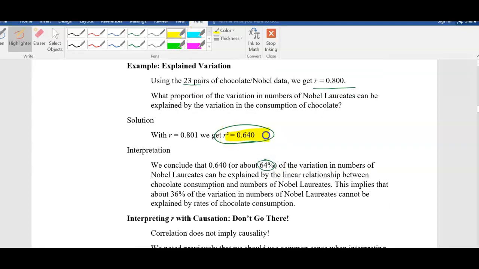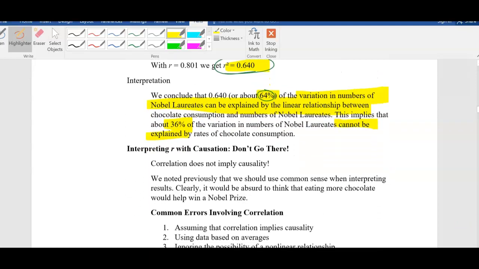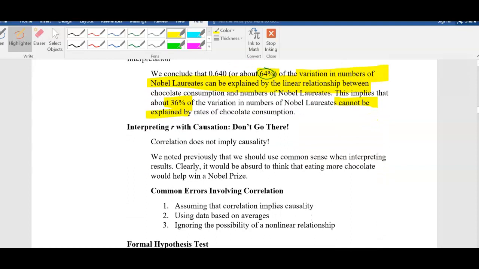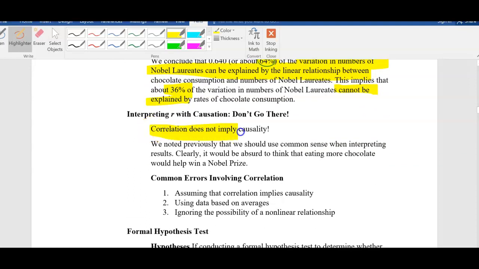So this 64% of the variation can be explained by the linear relationship. 36% of it cannot be explained. Since 36% of it cannot be explained, this is probably not the best line, but that's okay. Remember again, correlation does not imply causality. There's not a causation here.